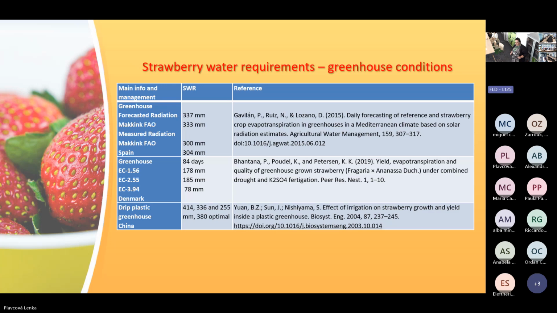I think also in the first part, the data are from the weather station outside, and the other one is when they were inside. And from this work from the greenhouse, I think for 84 days, he had this total strawberry irrigation requirement. And then in China, for drip irrigation in the plastic greenhouse, this output.